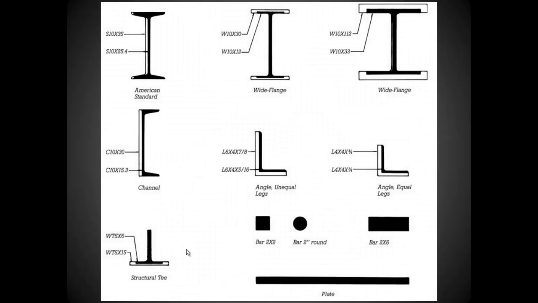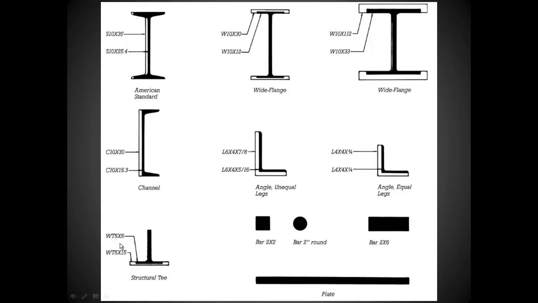Our structural shapes that are used for the building construction industry are shown here in their basic form. We have American Standard, which has an S designation. Our wide flange beams, which have W designations. We have C designations for channel steel, L designations for angle, and angle comes in unequal legs or equal legs.